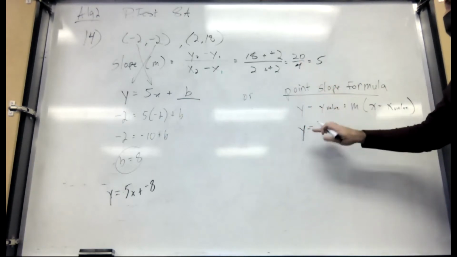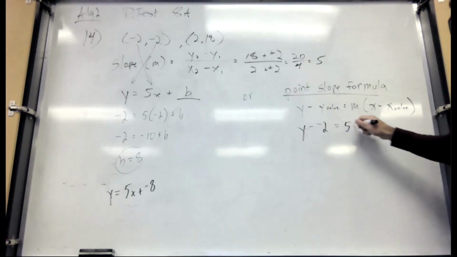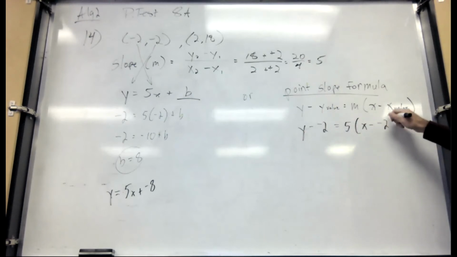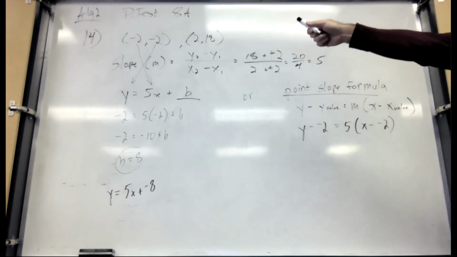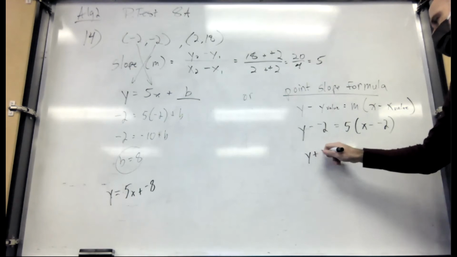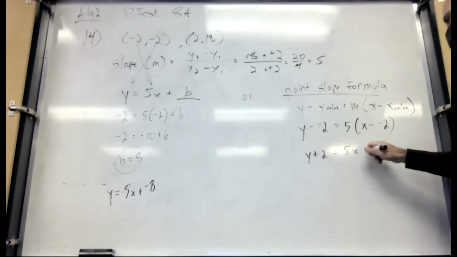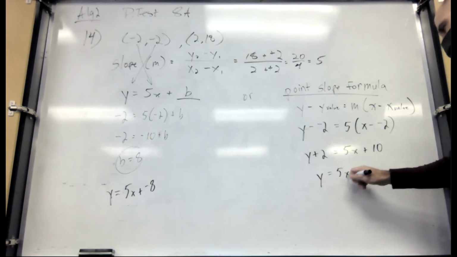Okay, so I'm going to say -2, just to keep my numbers low, equals slope times x minus x value. Right? I just plugged in one of those coordinates. You could have done the same thing with 2 and 18. You would have gotten the same answer. So let's see, that's y plus 2 equals 5x plus 10. So get rid of the 2, y equals 5x plus 8.